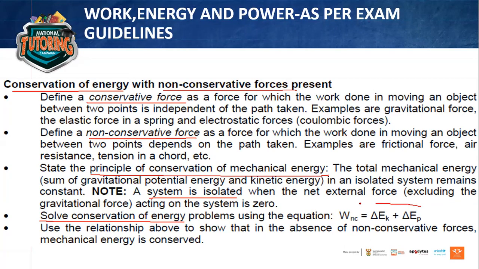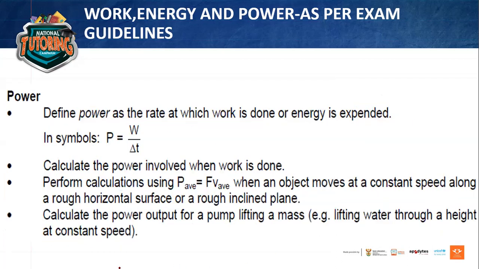And this is among some of the equations that we must be able to work with when we are dealing with problems on work and energy and kinetic energy as well as potential energy. Then the last section on work, energy, and power is the section on power.